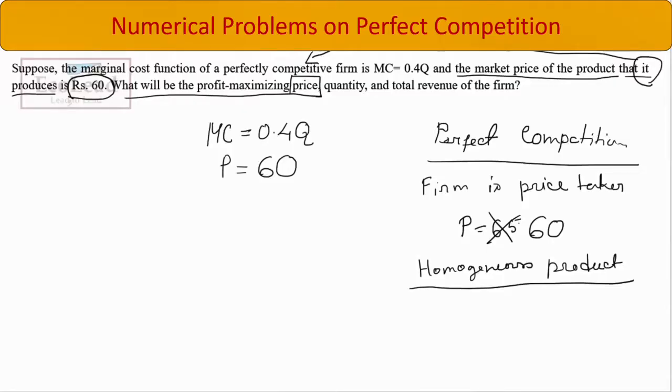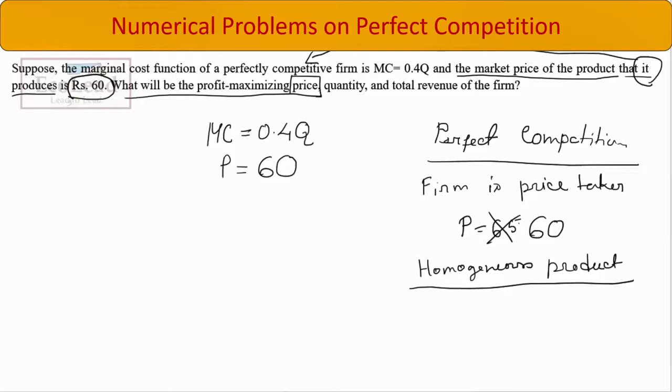Now the other condition: if he charges less than 60, then the other competitors will see the same and can also charge a lesser price. So the firm will not find any advantage in charging less. Rather, all the firms will make less profit because they have charged less.